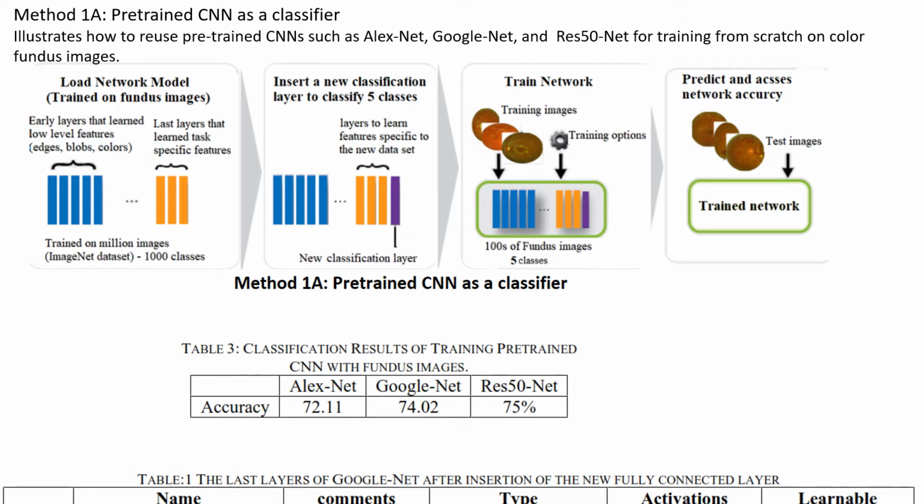I need just 5 classes, so I inserted a new classification layer to make the model classify the images into 5 classes.